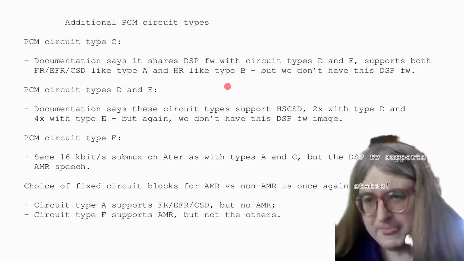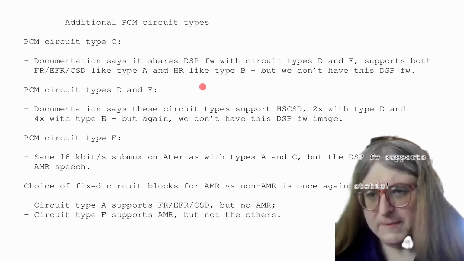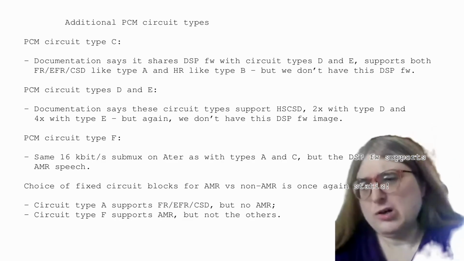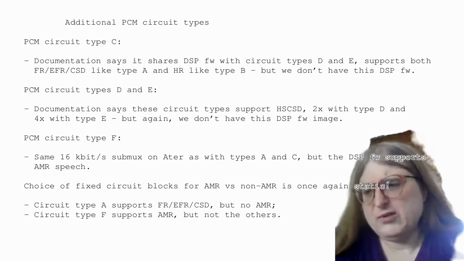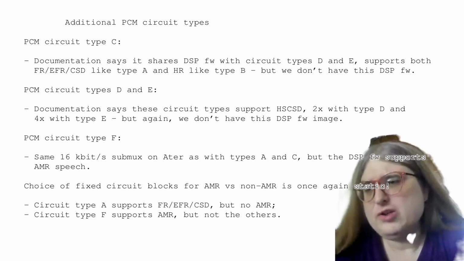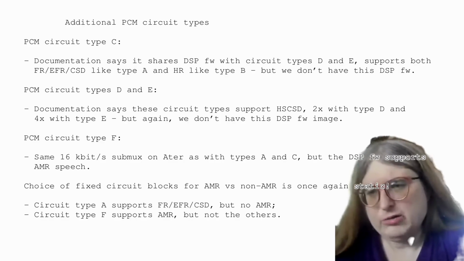That's what documentation says. And now the D and E supposedly is the same as C, but also add the HSCSD. So if you configure your circuit as type D, then you're allocating 32 kilobits per second for each channel on 8TER to support 2x HSCSD.